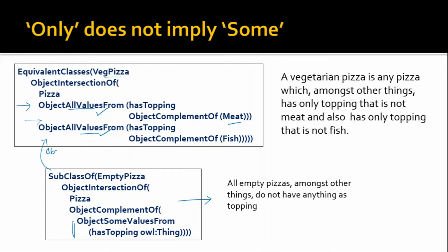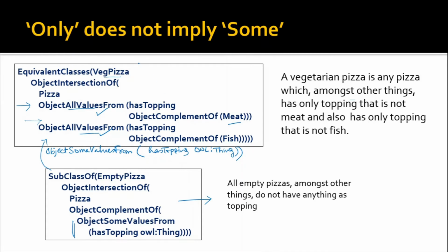So you need to append something like this: object some values from has topping, and then it would be owl Thing. So it will make sure that it has at least one topping, and if you do that, then this empty pizza will not be equivalent to your veg pizza, right?